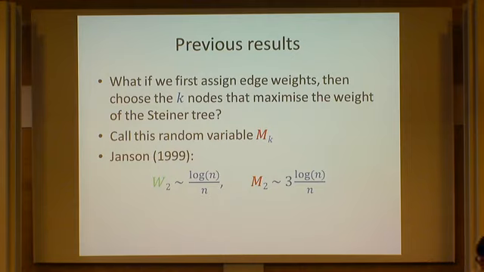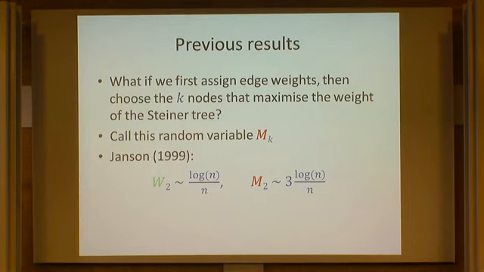And the other version is that you realize the edge weights and then an adversary comes along and gives you k vertices. And in that case, how big is the weight of this Steiner tree if you've chosen the worst k vertices for this problem? And we'll call this M_k for the maximum. Okay, so the special case of k equals 2, if you fix two nodes, then you're just asking for the shortest path between them.